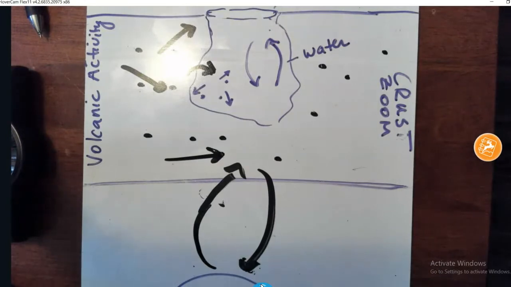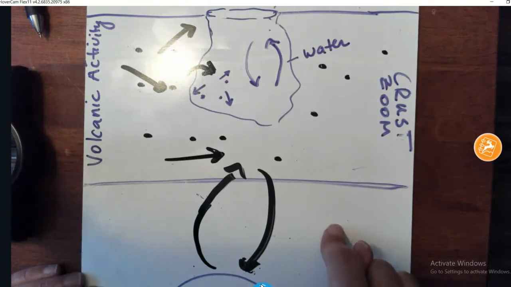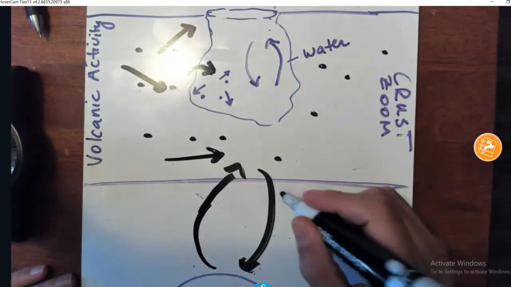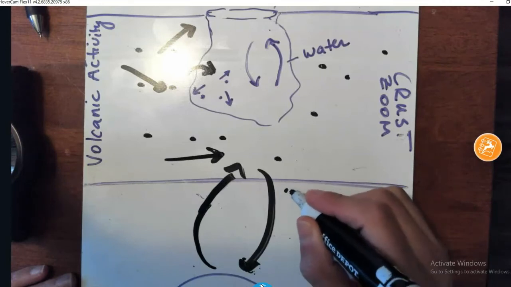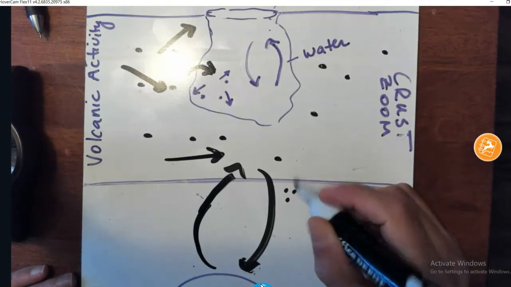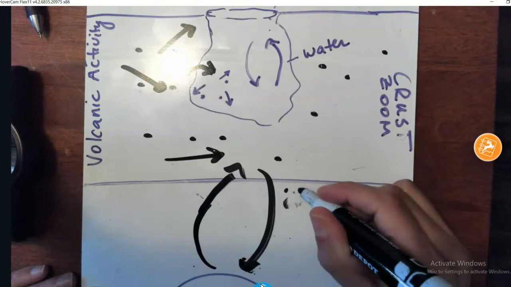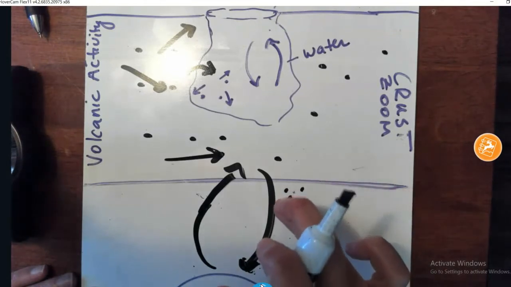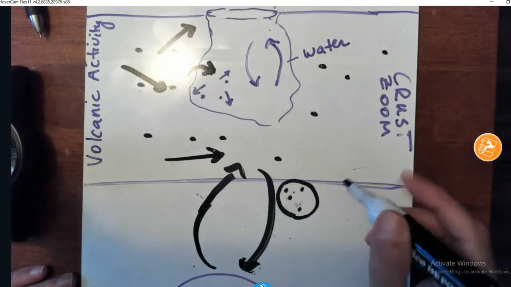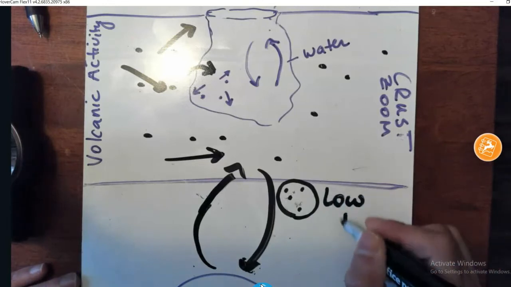But what I would show is two things. Because this is part of the unit, I would need to say here somewhere that the convection is happening because of density. I can show that as it rises, it has a very low density, so low D or low density.